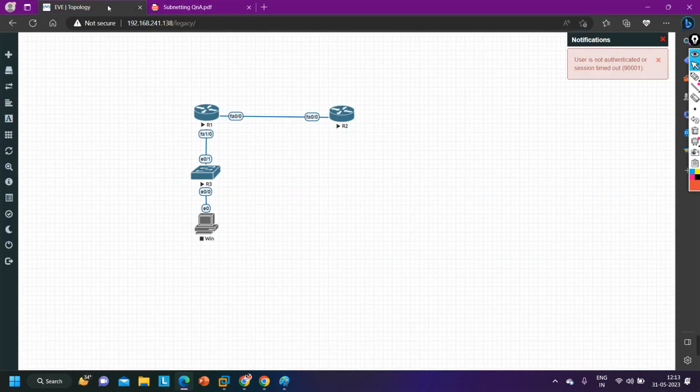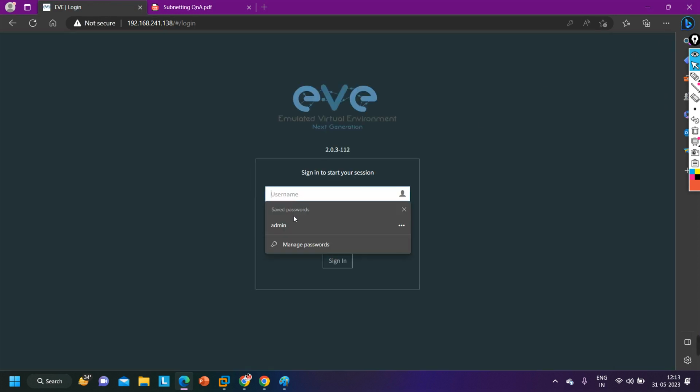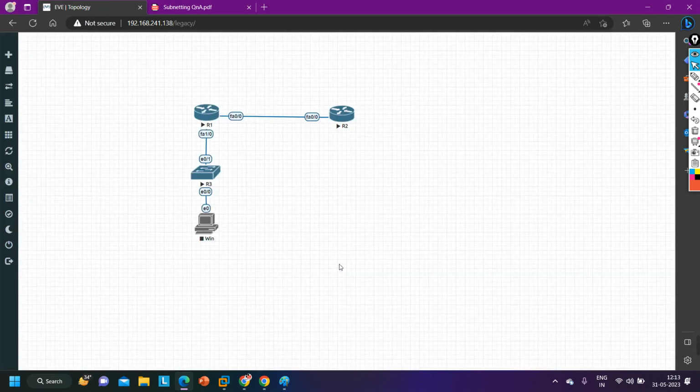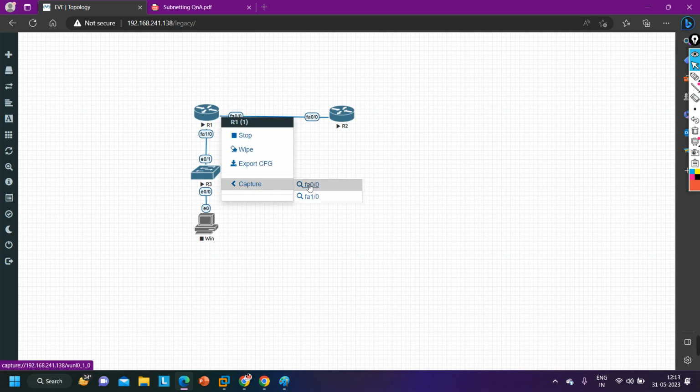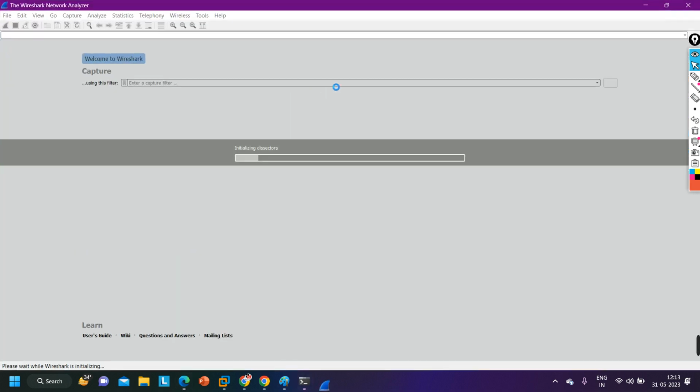Now, have you all installed EVE-NG? No, it's not working. Then I have to take one session for EVE-NG as well. See, I am going to capture the link between router 1 and router 2. And there is one application layer protocol called Telnet.